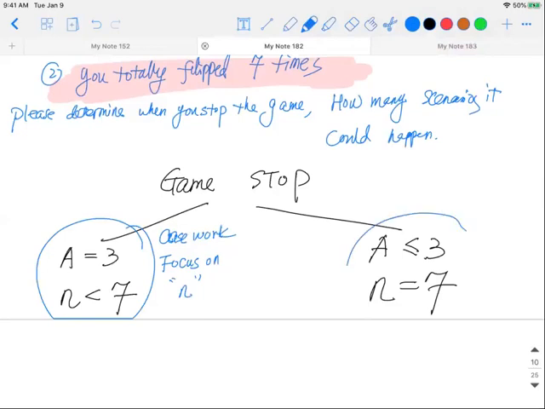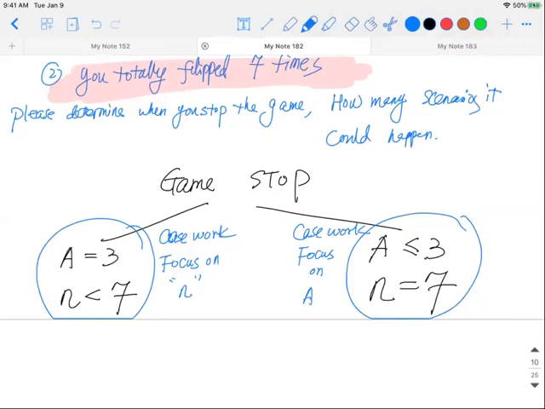Well, in this part, N is already equal to 7. There's not too much to say regarding N. However, the casework will focus on A. Is that right? This is quite understandable, but it makes our life a little bit complicated, because normally whenever we do the casework, we discuss the same things, like our last Canadian problem.